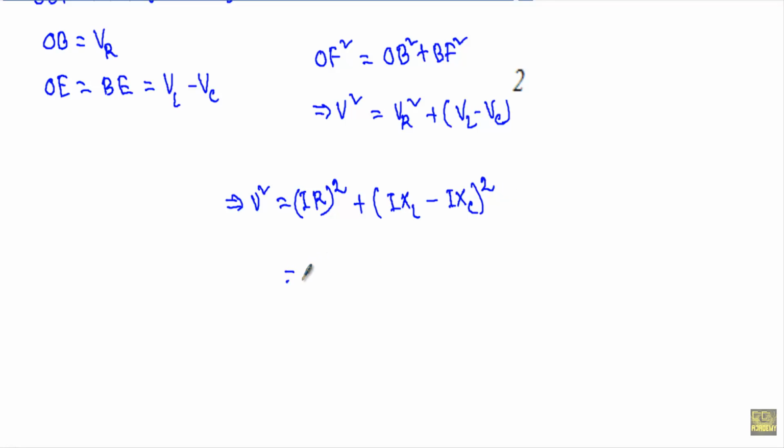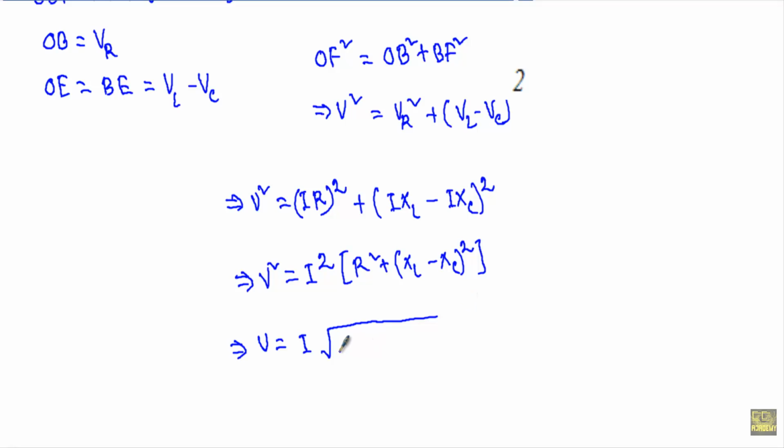So here I will get I square into R square plus (XL minus XC) whole square equal to V square. If I take square root, I will get V equal to I root over R square plus (XL minus XC) square.